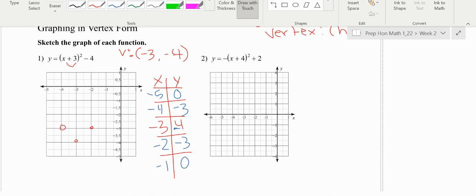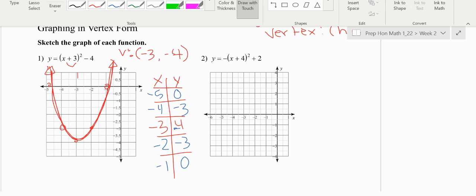There we go. And then we'd have something that looks like this. Notice it opens upward. It's still the same shape as the ones we've been seeing.